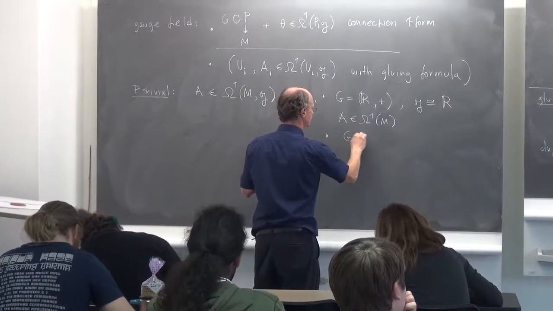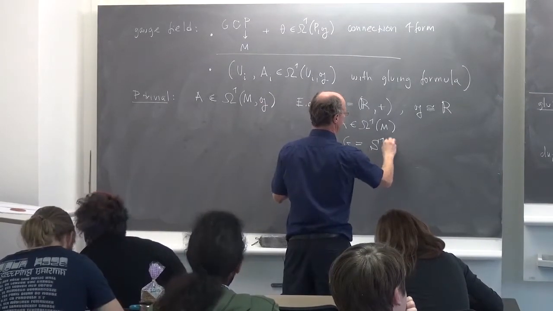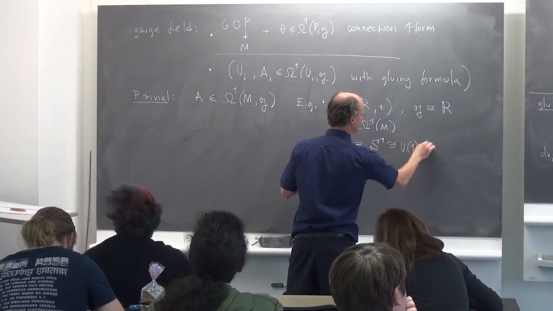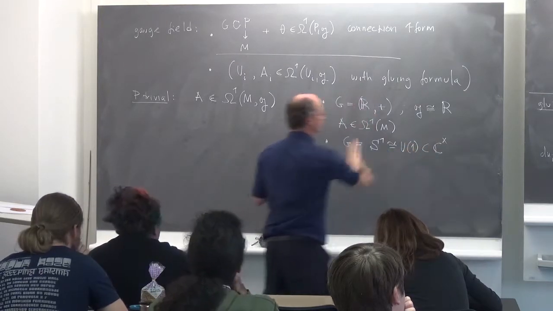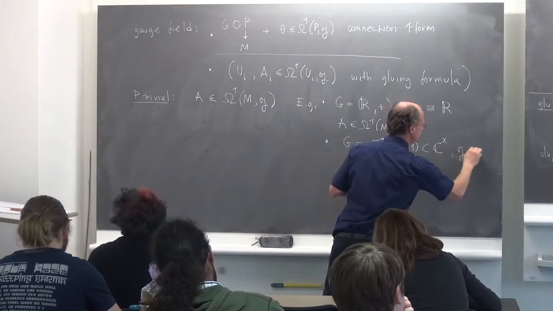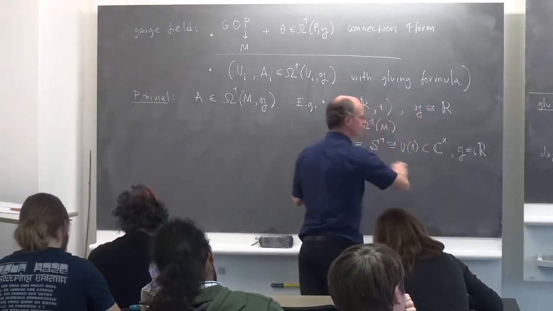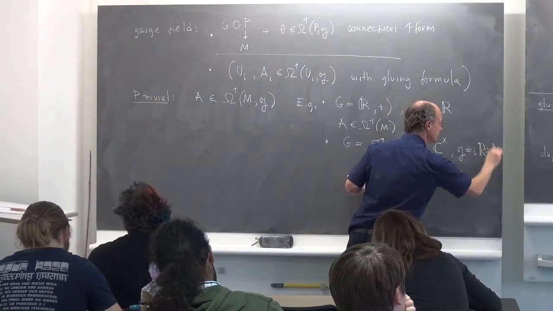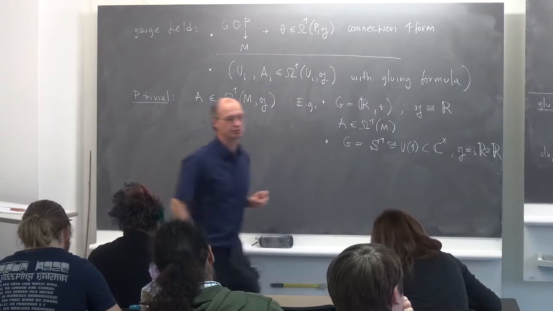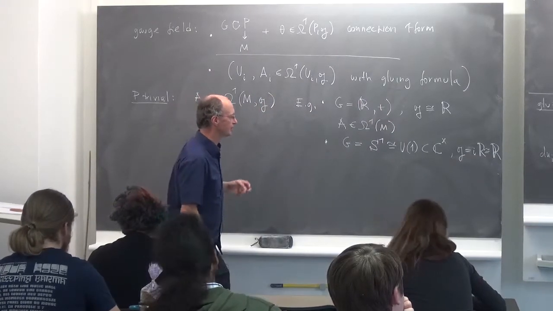If you take G equal to S^1, you can identify it with U(1) sitting inside C^*. So the Lie algebra is naturally identified with the imaginary axis, and you can identify it with R, right? So the imaginary axis is the same as the real axis.